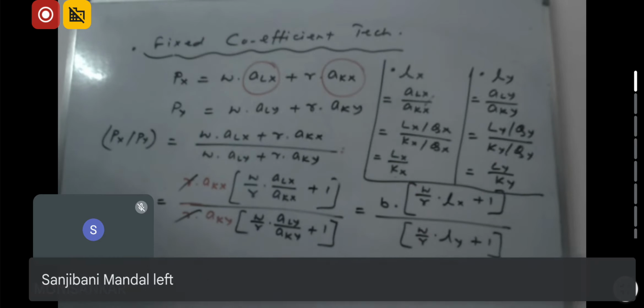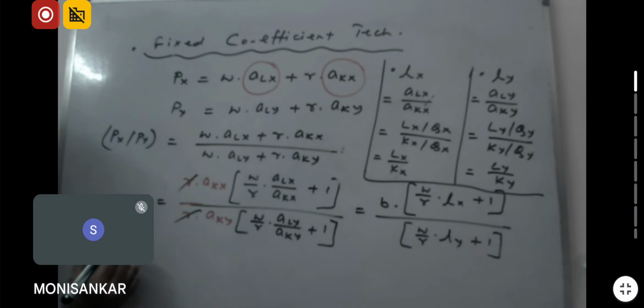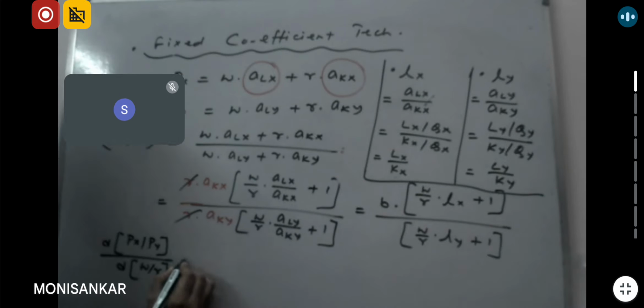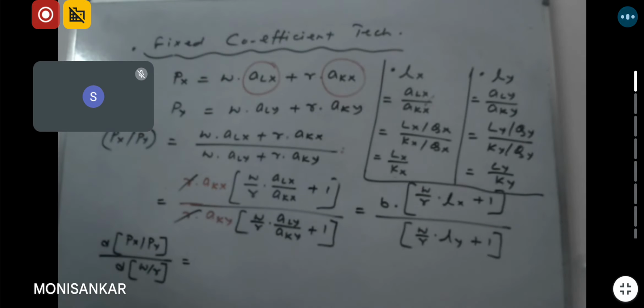Look. Simply take d Px by Py by d w by r. Thus, here all the coefficients, that is B, everything, these are constant this time.